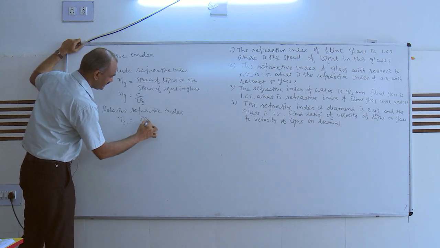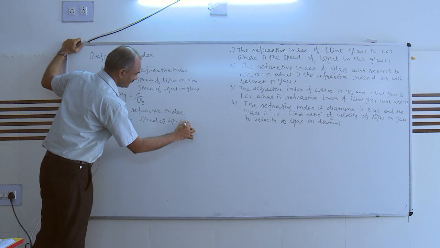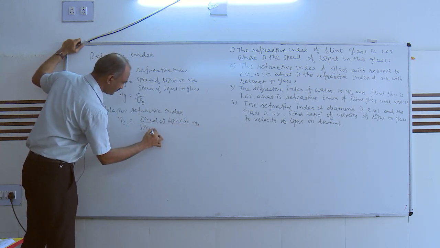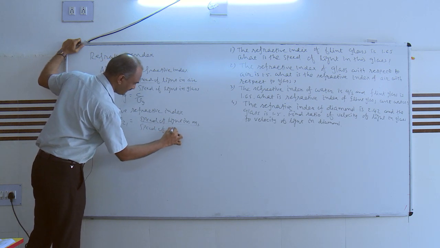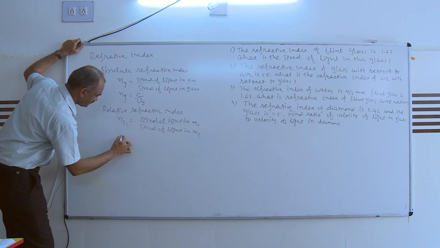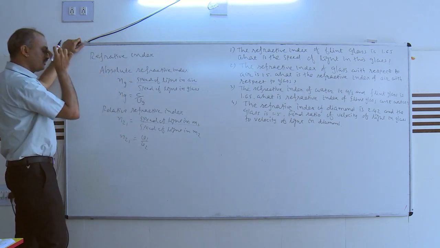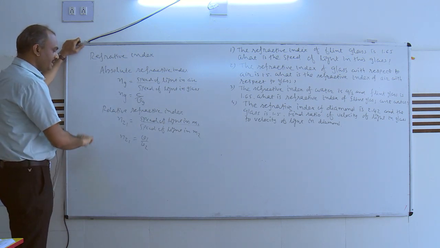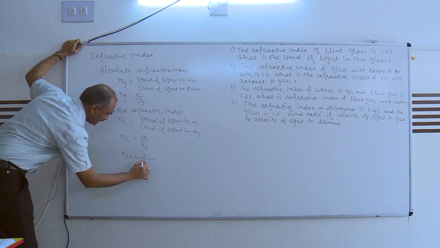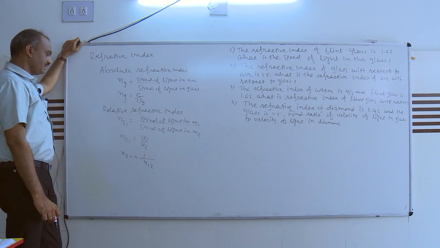So we get the speed of light in medium 1 upon the speed of light in medium 2. So n21 is equal to V1 upon V2. Also we defined that the relative refractive indices are reciprocals of each other.